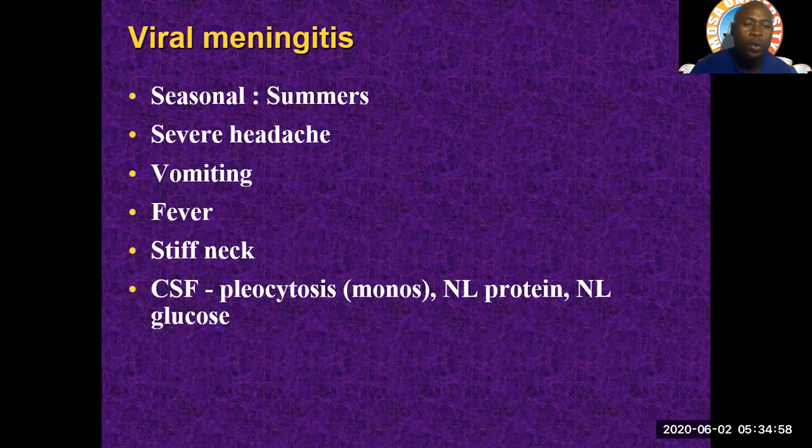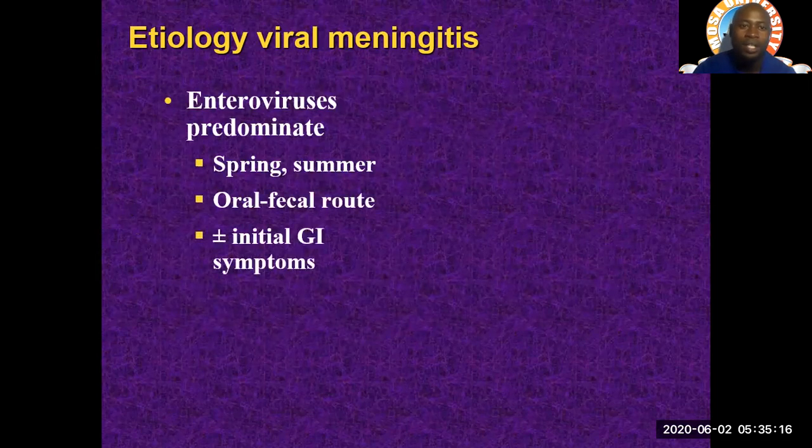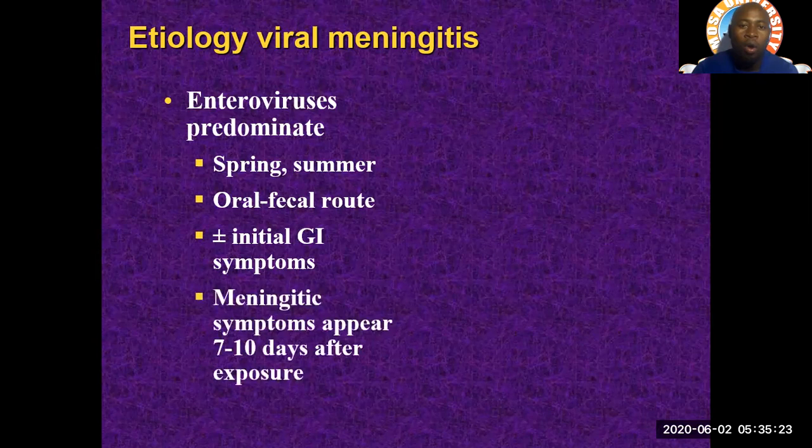Also, if you look at the CSF, there will be pleocytosis with monocytes, and no or low protein levels and no or low glucose levels. The cause of viral meningitis is predominantly enteroviruses, which happen during the spring and summer. Oral-fecal route, sometimes with GIT symptoms.